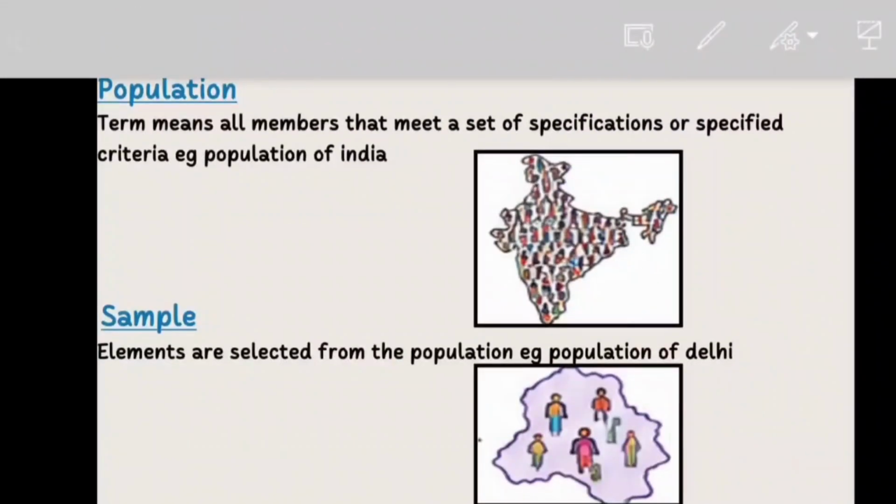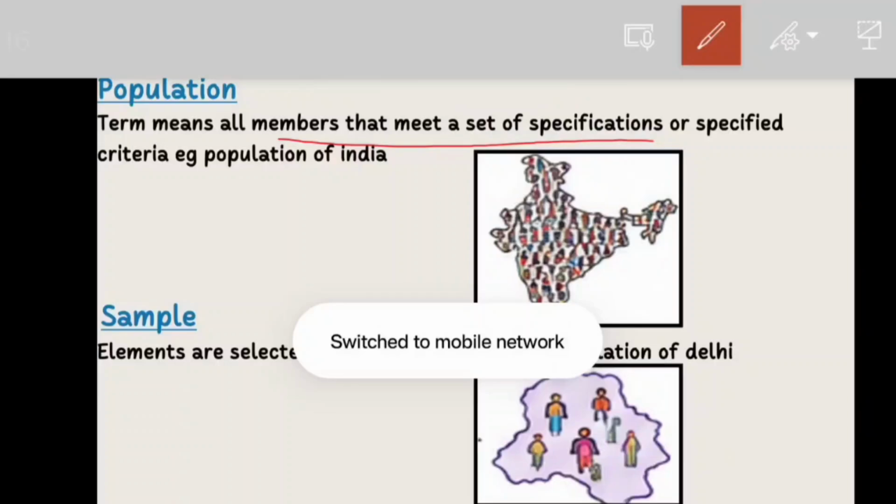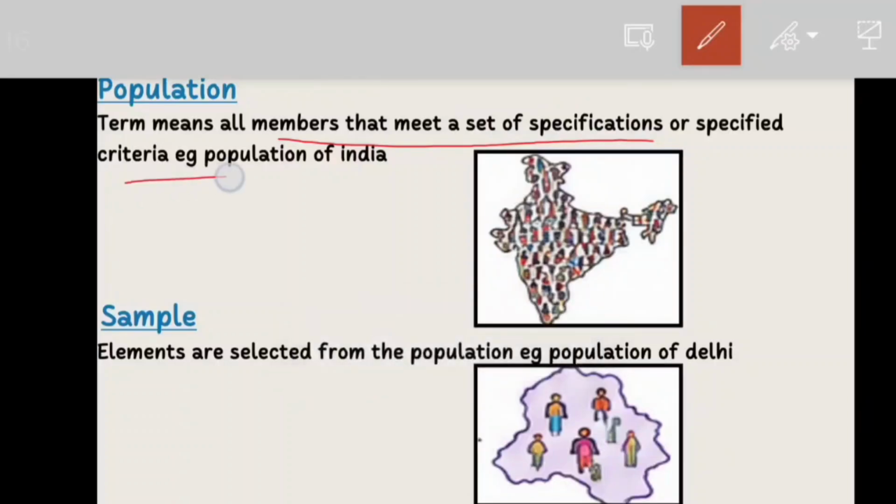So first let's understand the population. The population means all members that meet a set of specified criteria. Example, the population of India. In simple words, population means the complete group we are interested in studying.